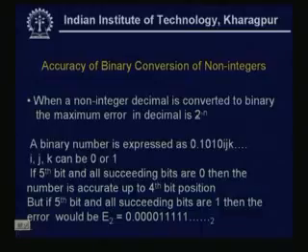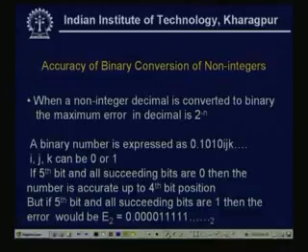Why are we telling this? A binary number is expressed as, say, 0.1010ijkl, like that. That means after the decimal point I am taking, say, 7 bits, 7 such bits.